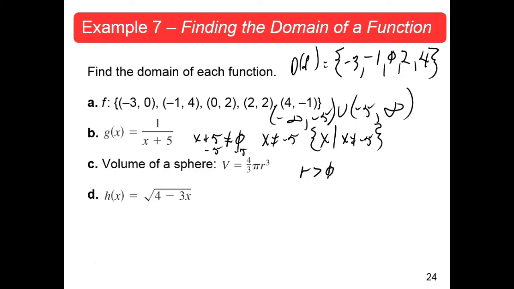You can't have a ball if you don't have a radius greater than 0, right? Okay. So write that in interval notation for me. Parentheses, 0. Okay, yeah, I can't really have an infinite ball either, but let's just imagine the universe comes as close as we can. All right, good deal. All right, how about h? D, it's h of x.